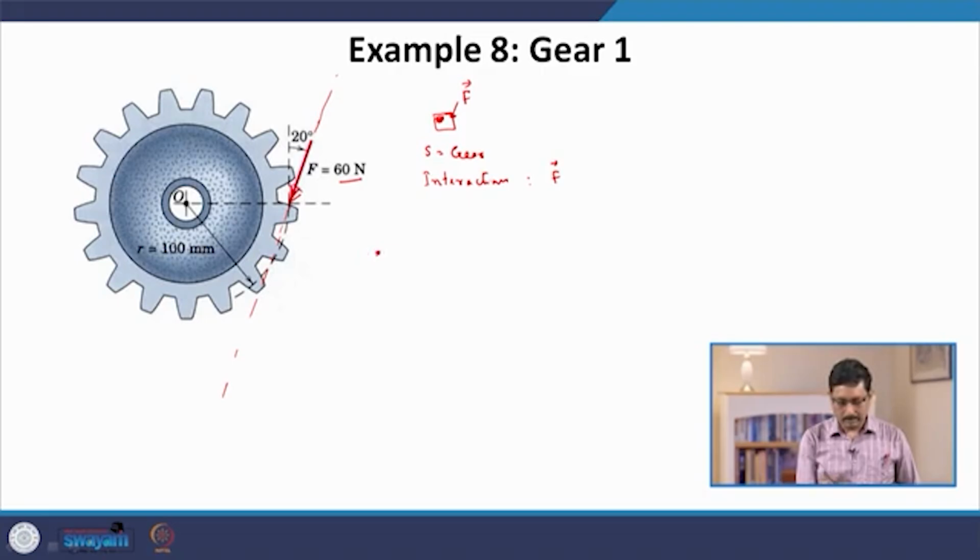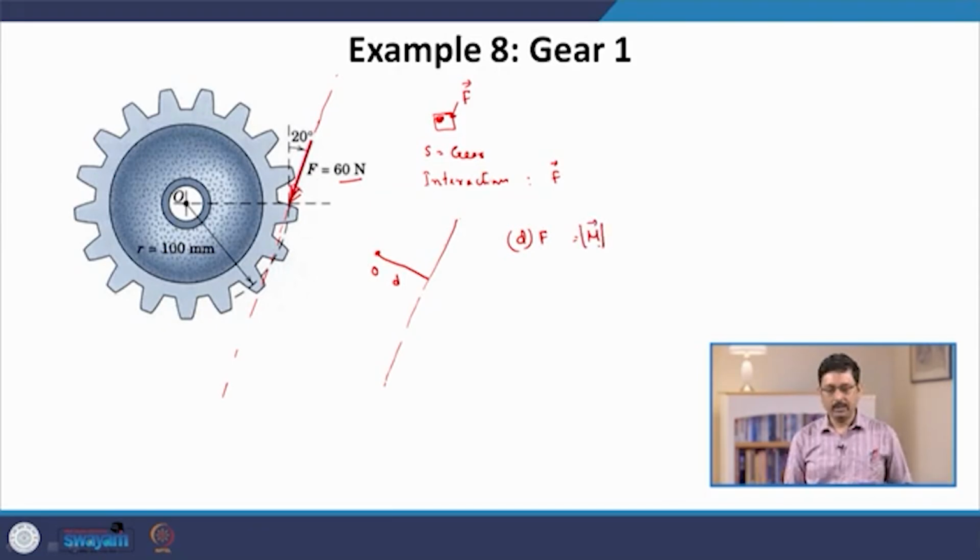Let us say our first way to calculate the moment is this: this is my pivot point O and this is my line of action of the force. Then the perpendicular distance from this line of action, let us call it d, times the magnitude of this force gives the magnitude of the moment.